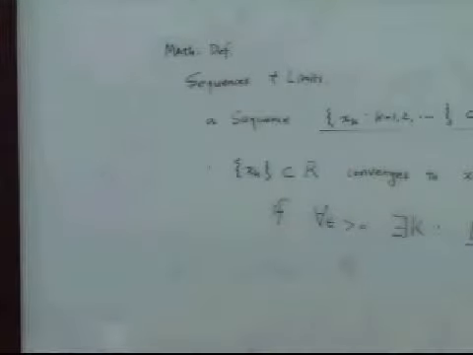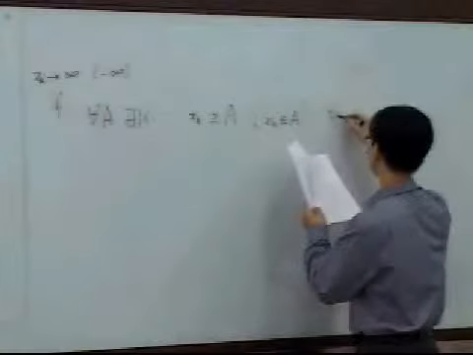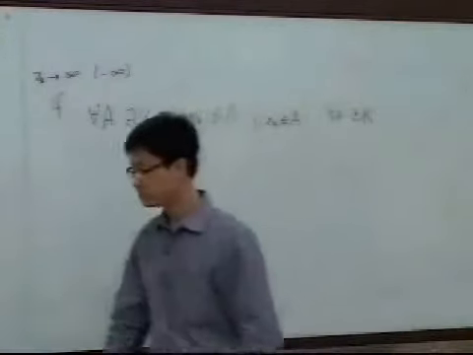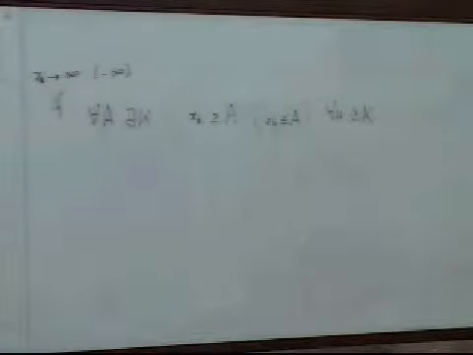Another thing: x_k goes to infinity, or sometimes minus infinity, if for all a there exists some large K such that x_k is greater than this a, or for the other definition, x_k is less than or equal to a for all k greater than K. So it is another equivalent notation.